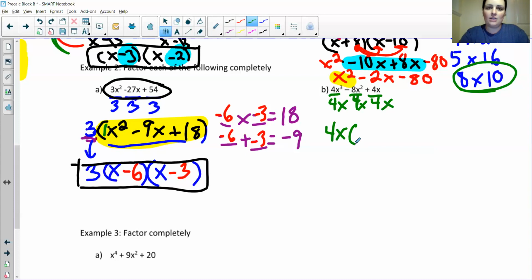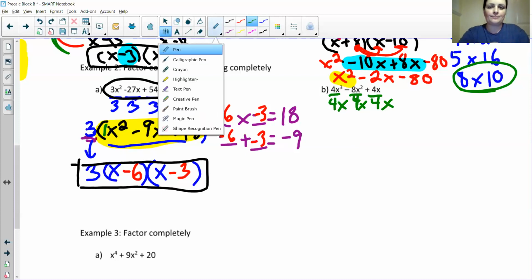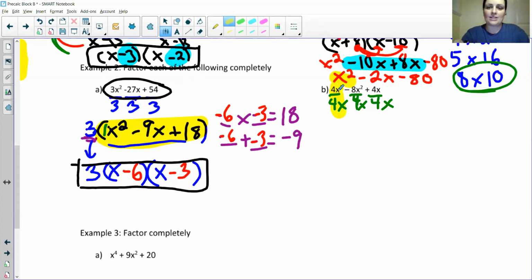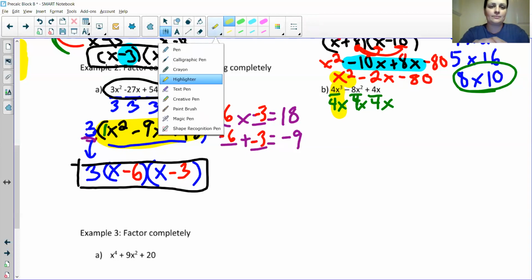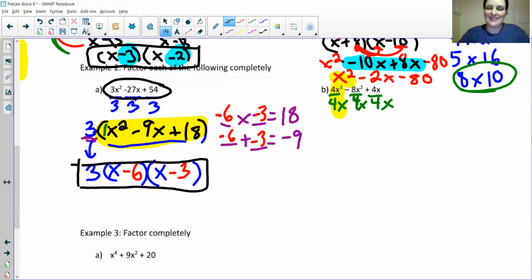So if I'm going to divide 4x cubed by 4x, the 4 and the 4 cancel out, leaving me with 1.